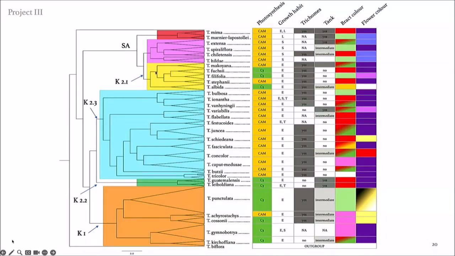It also involves a high diversity in terms of the key innovation traits. This was sampled mostly by target capture and population level sampling, so usually trying to have as many individuals as we could. In some cases, we did end up with only 4 individuals per species, but that's what you do when you're in the field.